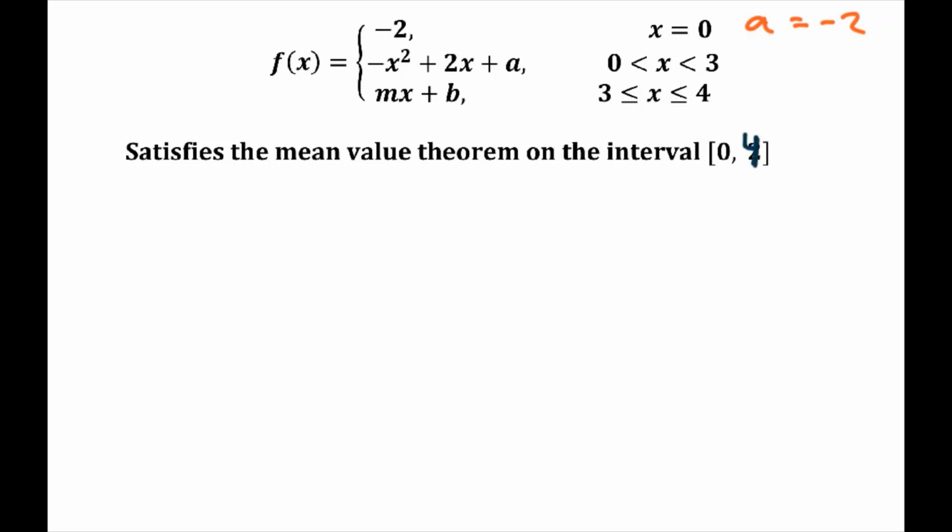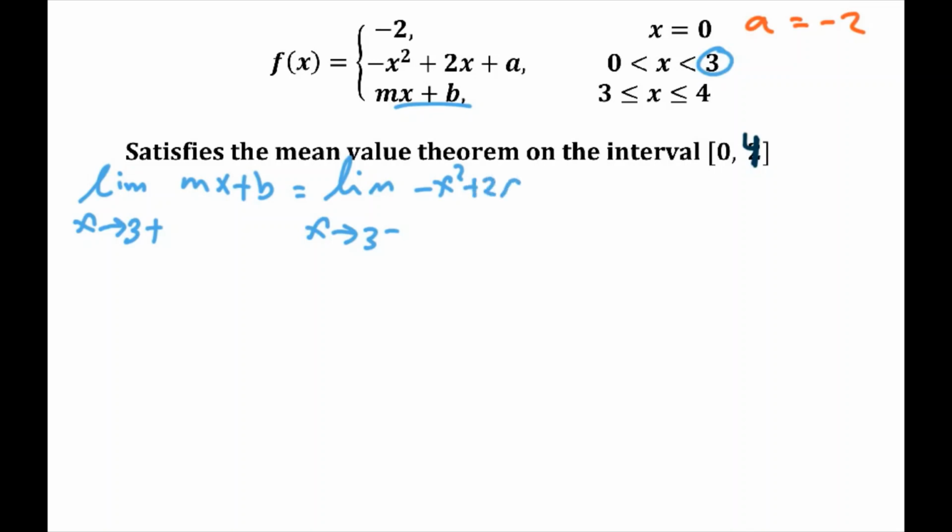Okay, so what we are going to use, we are going to try the 3 sides. So limit as x approaches 3 from the right side, we are using this function here. Limit as x approaches 3 from the left side, and then we substitute negative 3 squared.